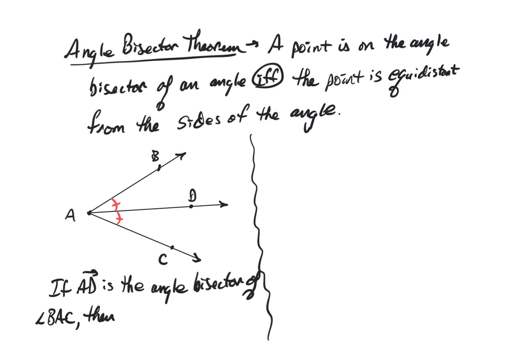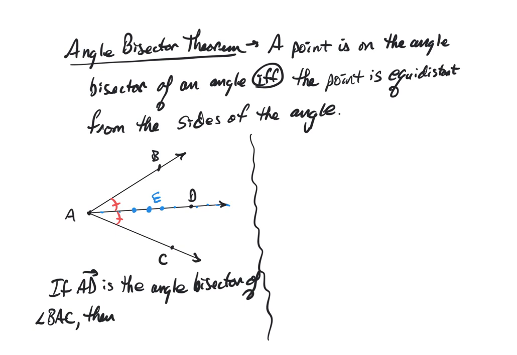Any point on the angle bisector. So I'm going to change colors on you guys. So we could go to this point, or this point, or this point. You can pick any point on the angle bisector, and I'm going to choose this one right here, but you can choose any one you want. Then the distance from that point to the sides of the angle are going to be equal.